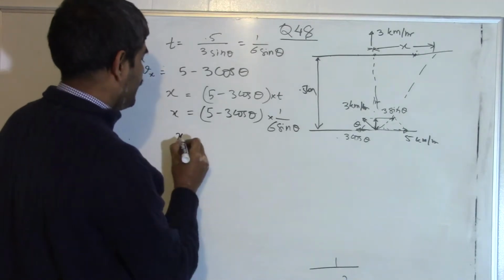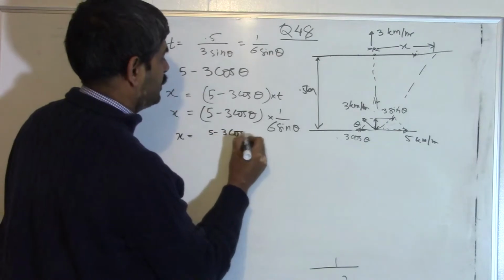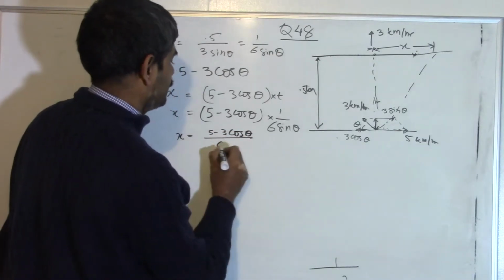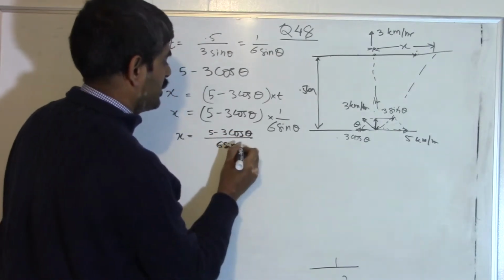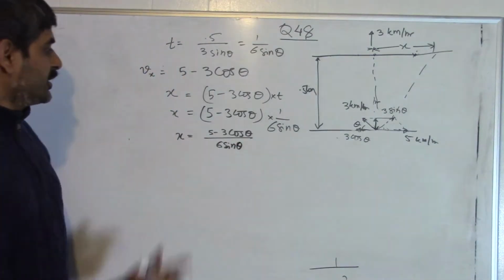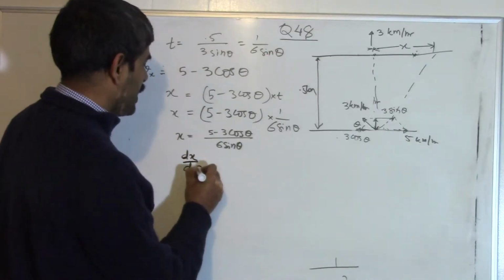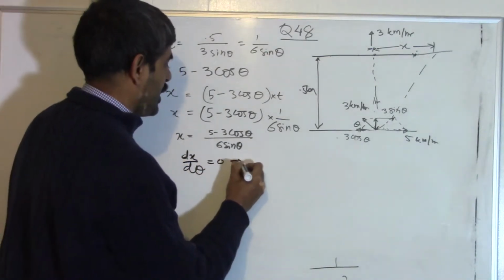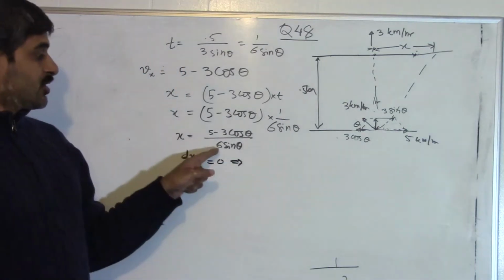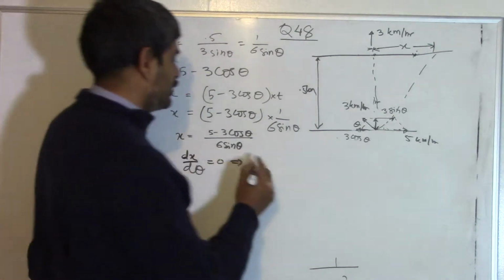Now we can write it very clearly. x is equal to (5 minus 3 cos theta) divided by 6 sin theta. We need to minimize x, and for this the condition will be dx/d theta is equal to 0. Let's remove this constant 6 because it does not do anything for the condition.